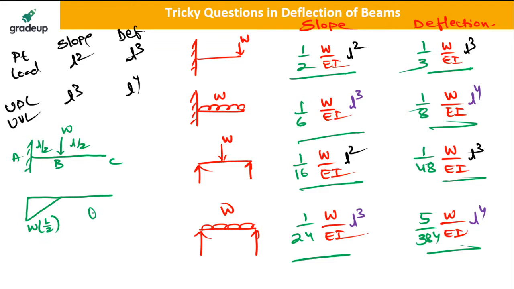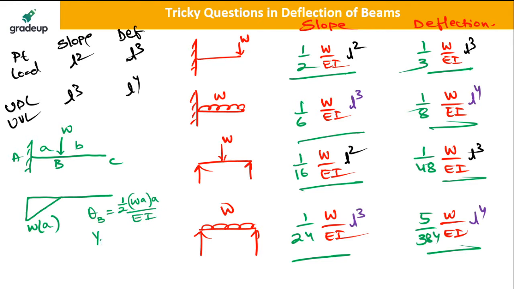So your slope at B is equal to, right? So let this be A and B, I will write down. This is A and this is B. So your slope is equal to area of this. So it will be half WA into A divided by EI.